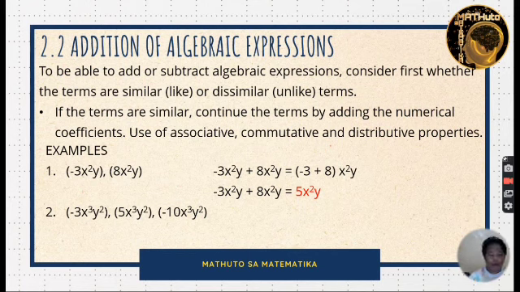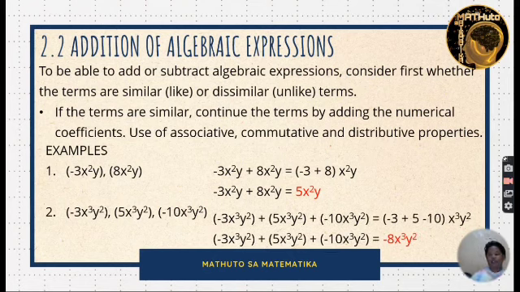For the next example, we have negative 3x cubed y squared, positive 5x cubed y squared, negative 10x cubed y squared. So we have three terms, and if we identify whether these terms are similar, we can say that the terms given are similar terms, so proceed to addition or subtraction. We're going to add negative 3, 5, negative 10.